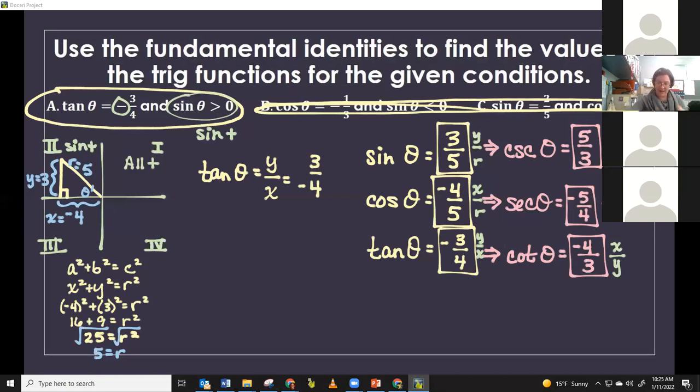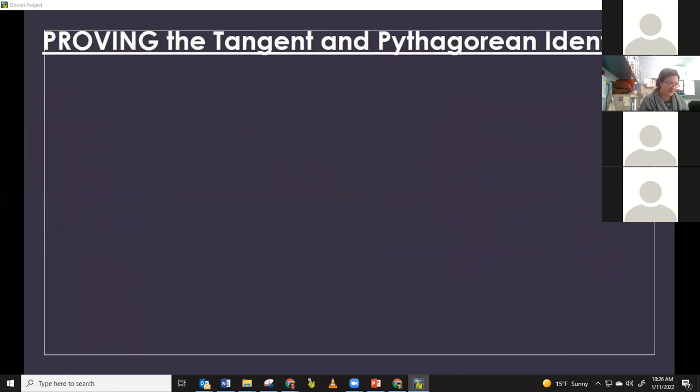I want to spend our last little bit of time looking at the tangent identity and the Pythagorean identities. So our tangent identity was that tangent theta equals sine theta over cosine theta. So I'm going to leave the left-hand side alone, and we're just going to look at the right-hand side.